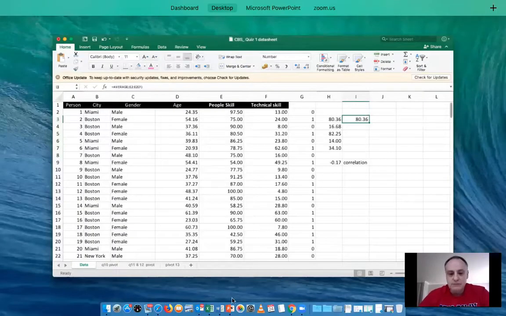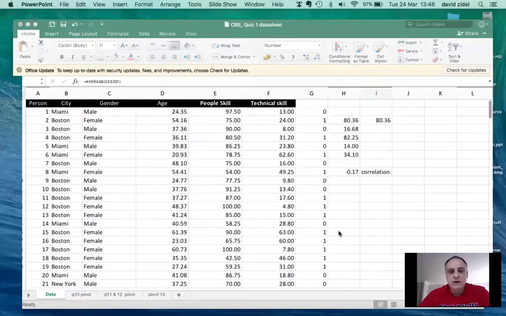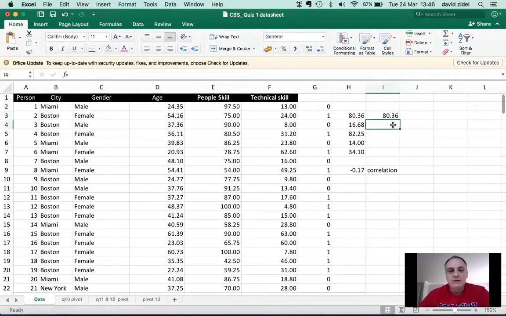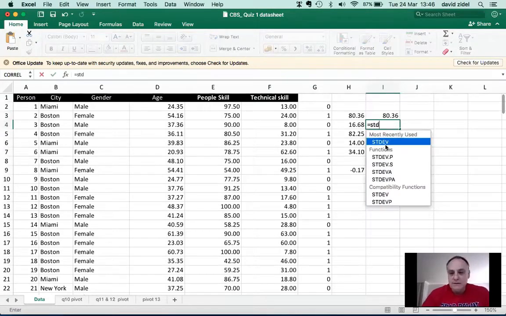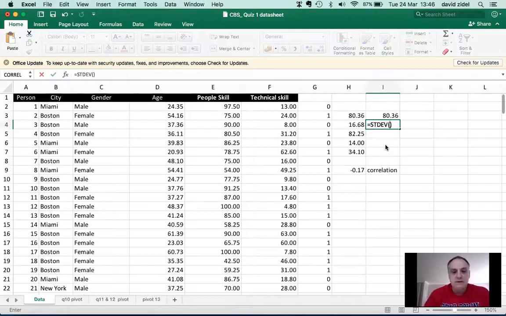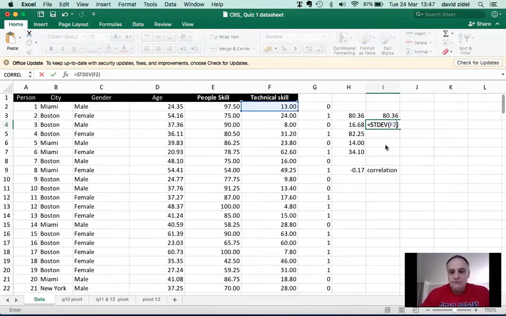The second question said the standard deviation for technical skills. Going back to the spreadsheet, the formula for that one is standard dev. Again, now we're looking for technical skills. So it's the range F, coming from F2 all the way to, I think it's F201, which is our range.